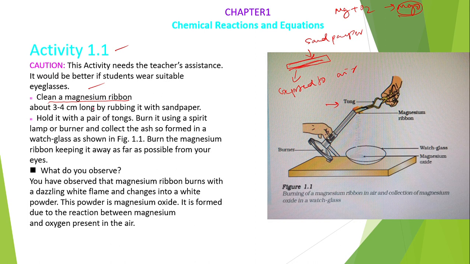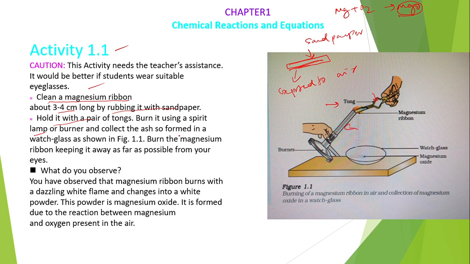It is about 3 to 4 centimeter long. By rubbing it with sandpaper, hold it with a pair of tongs. This is the tongs. Burn it using a spirit lamp. This is a spirit lamp.